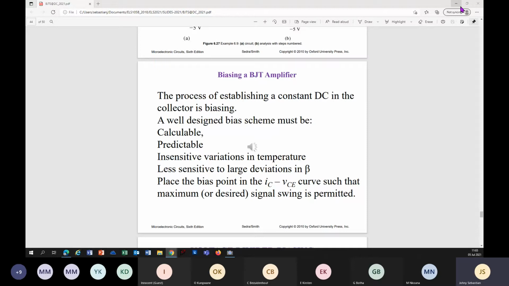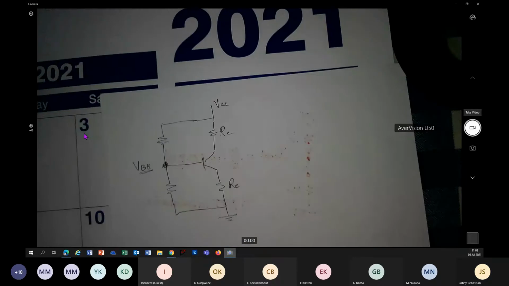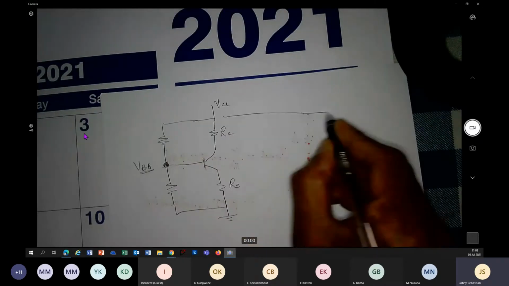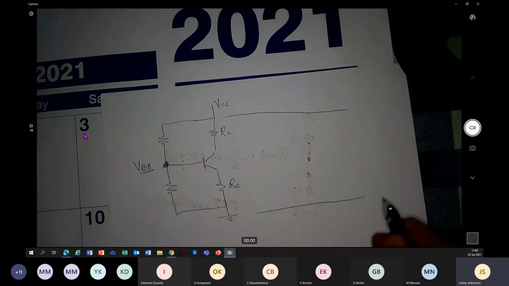Then we also need to place the bias point in the middle of a transfer curve where maximum signal swing is permitted. So I want to explain what this maximum signal swing is. You are working with a positive supply voltage, and a negative supply voltage or ground.